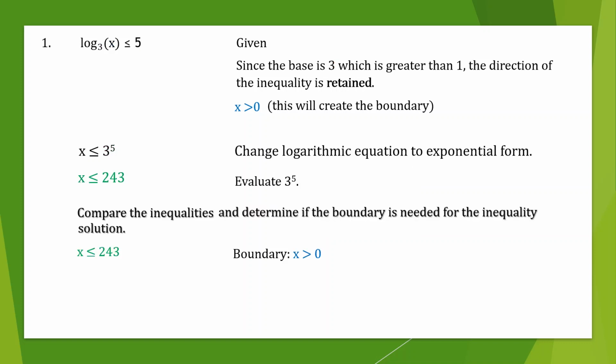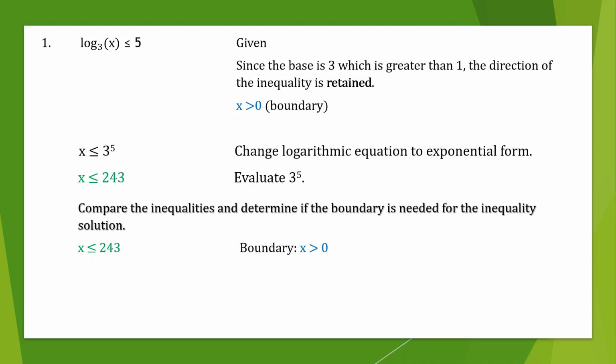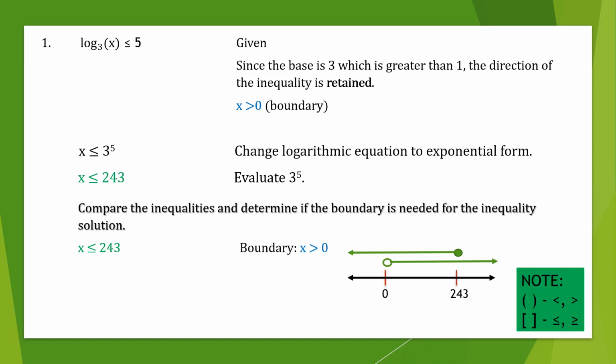Let us now compare the inequalities and determine if the boundary is needed for the inequality solution. You can use an illustration if you want to visualize the solution set. Take note that 0 is not included while 243 is included in the solution. Always remember that if the inequality symbol is less than or greater than, we will use parentheses.